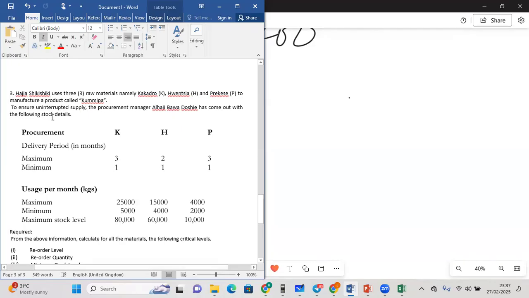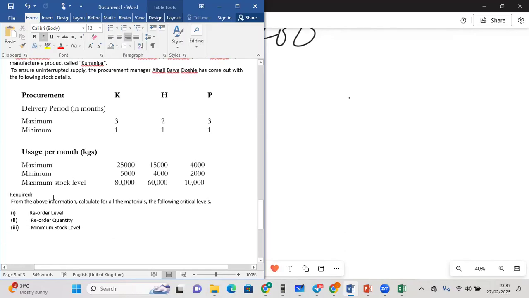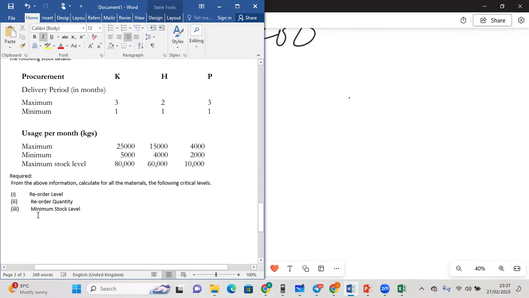To ensure uninterrupted supply, the procurement manager, Alaji Bawa, has come out with the following stock details: the delivery period in months, maximum usage, minimum usage, and maximum stock levels. Now, they are telling us to compute the reorder level, compute the reorder quantity, and then compute the minimum stock level.